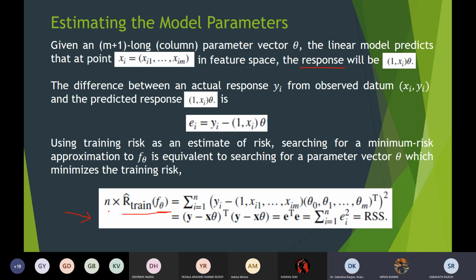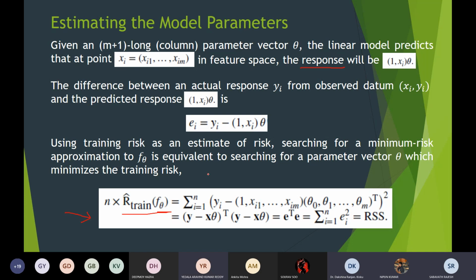This is defined over the loss function in terms of the actual value and the predicted value, and it is called the residual sum of squares, or the sum of squares of residuals.